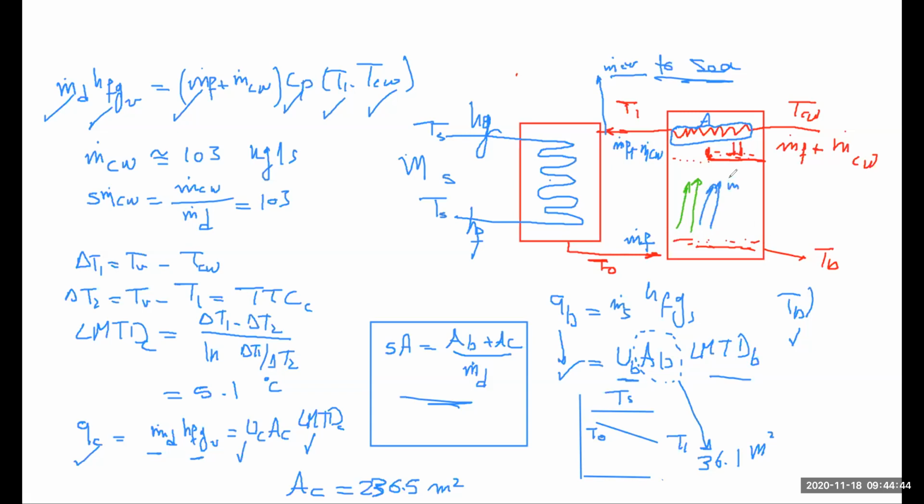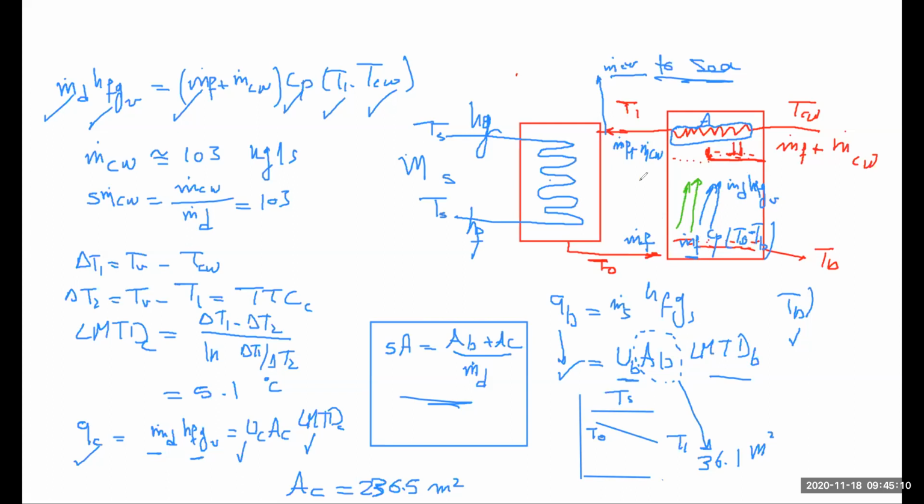So m dot distillate into HFG, which is the energy needed for making the vapor, is in balance with the cooling here, which is m dot feed Cp (T node minus Tb). And through this, we could calculate the value of m dot feed. Then we went to the mass balance to calculate the salinity of the rejected brine.